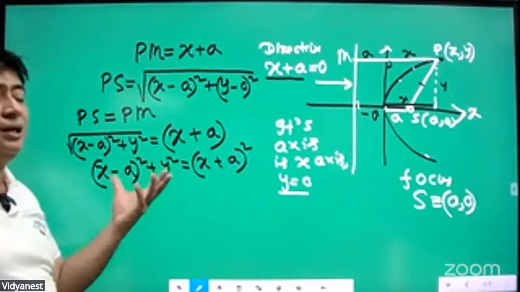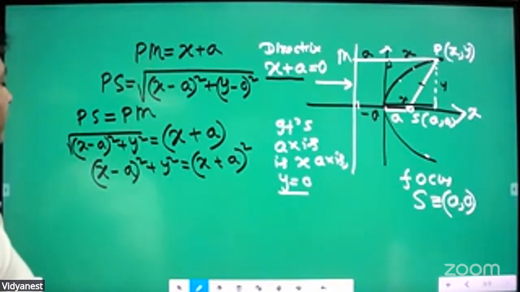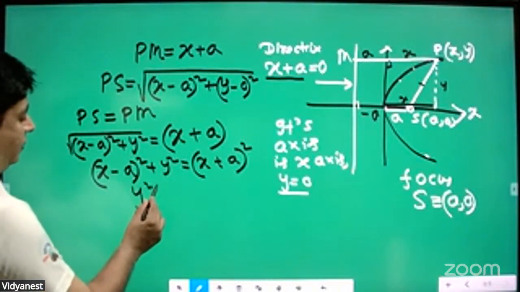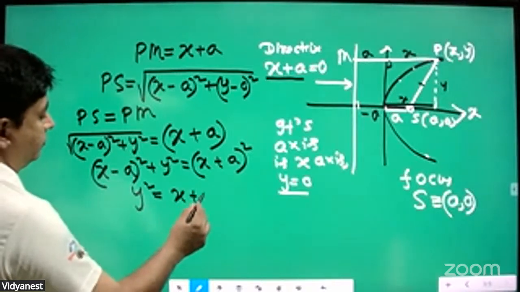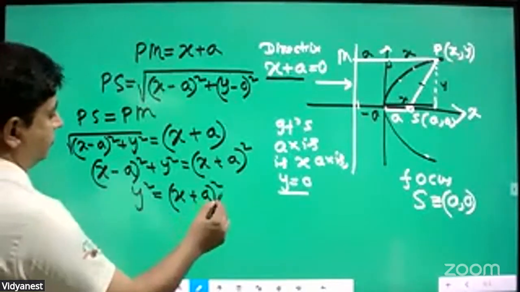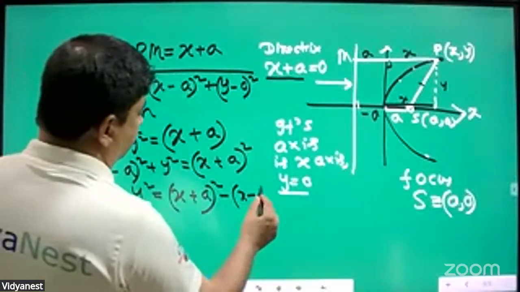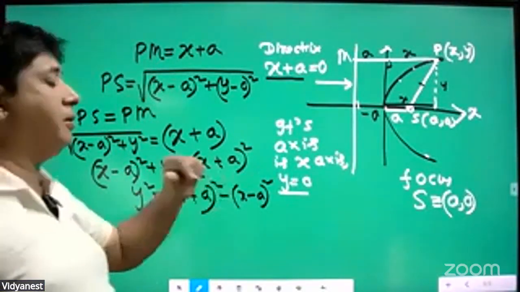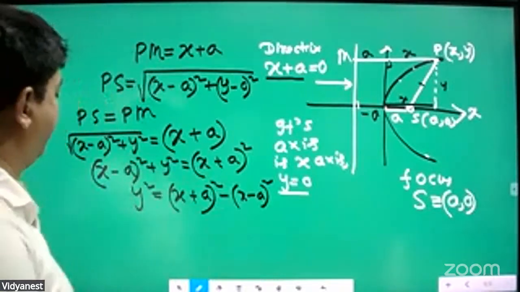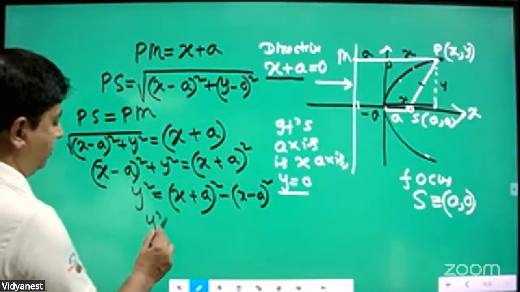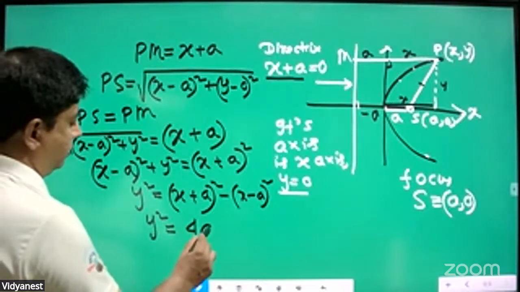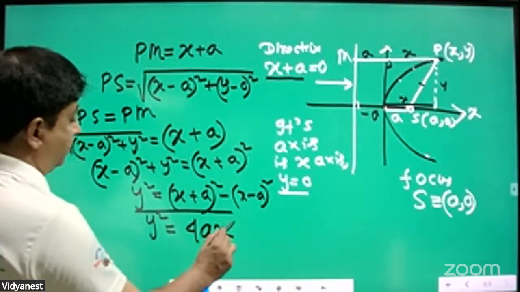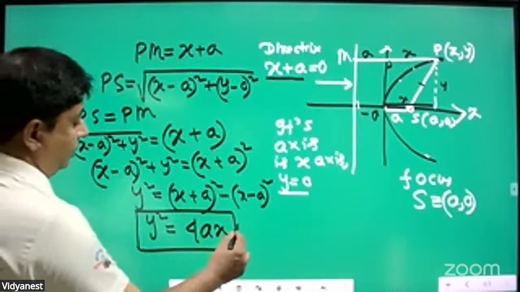So a junior level calculation is left. Then y square, recall your past. You are taught a plus b whole square minus a minus b whole square is 4ab. So this is the equation of the parabola. Okay.